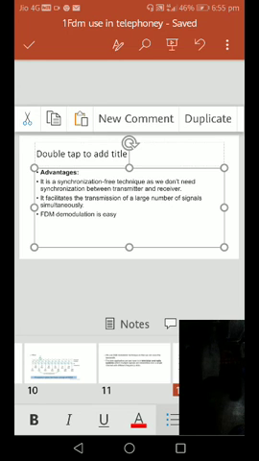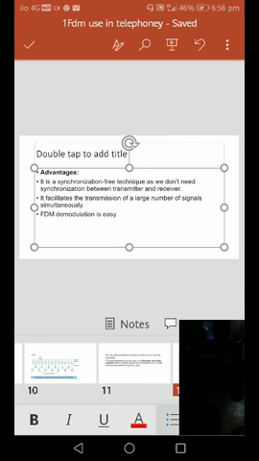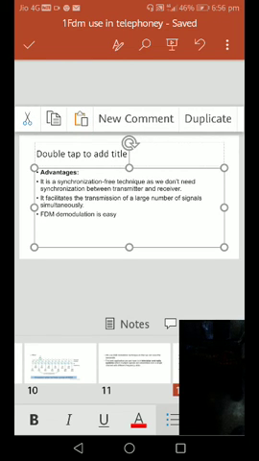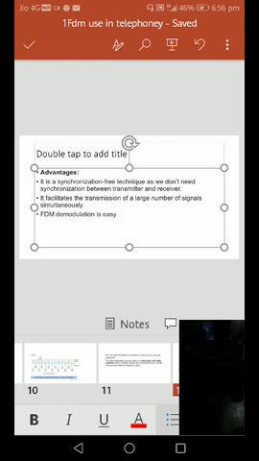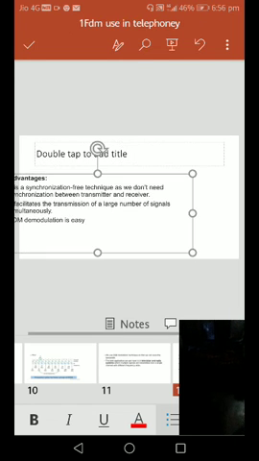It facilitates the transmission of a large number of signals simultaneously. Demodulation of frequency division multiplexed signals is easy. These are all the advantages in the telephony system.